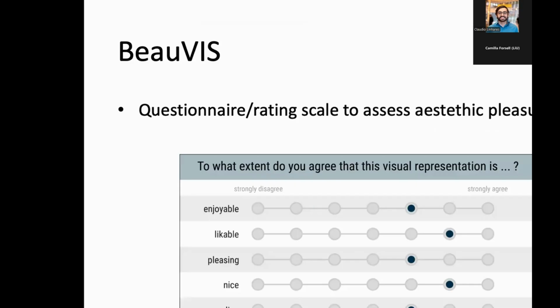This is another one, a really simple one. It only consists of 5 items. And the aim here is to assess what is called aesthetic pleasure. I read that there are established criteria for aesthetics in graph drawing, right? But they also define the concept.